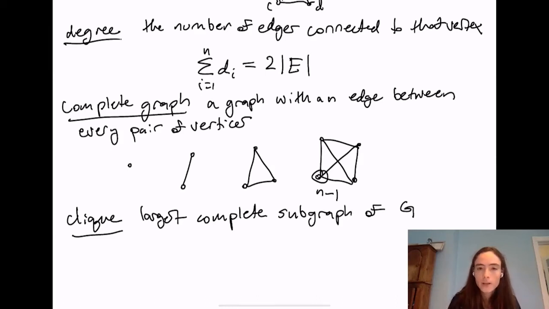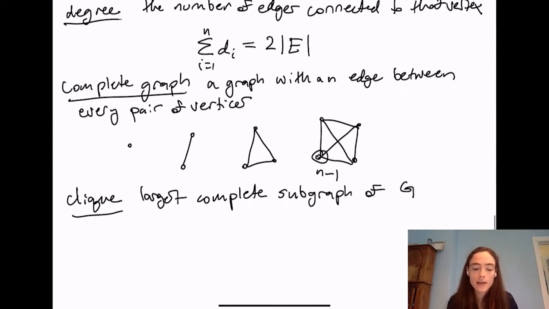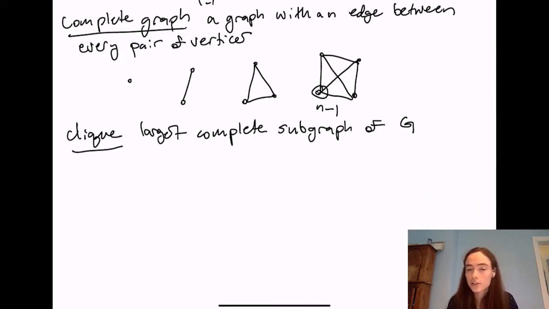And it can be interesting to find the largest clique in any graph that we're analyzing. For example, if you're looking at a social network, the largest clique would be the largest group of people that all know each other. So it can encode some important structural information about graphs.